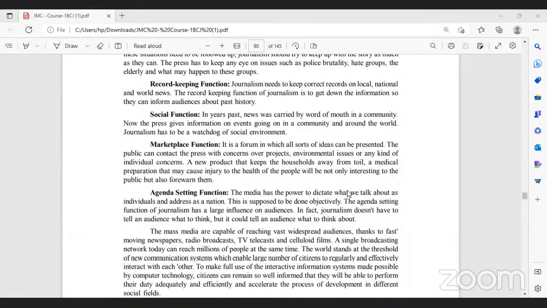Then very important is the social function. The press gives information on events going on in a community and around the world, and it has a watchdog role to play to protect the social environment. Then the marketplace function. It is a forum where all the ideas are presented, and the public can contact the press with concerns over projects, environmental issues, or any kind of individual concern.